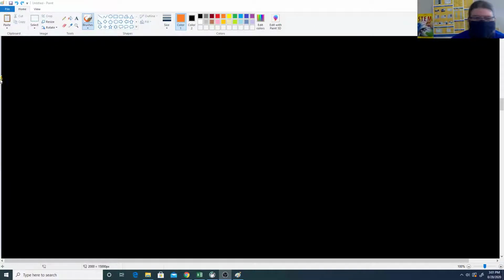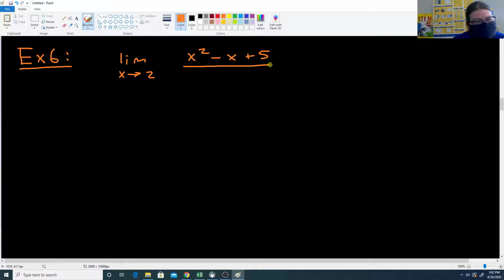All right, so our next problem we're going to look at is example 6 from the textbook, section 2.5. It wants us to find the limit as x approaches 2 of (x squared minus x plus 5) over (x minus 2).